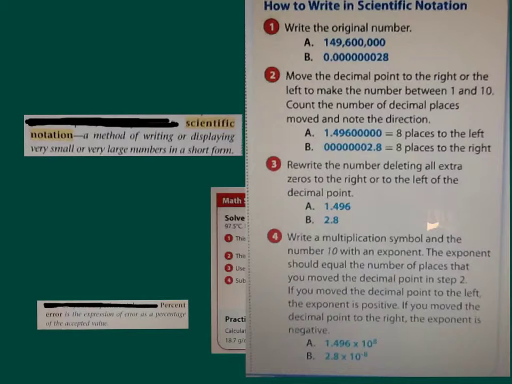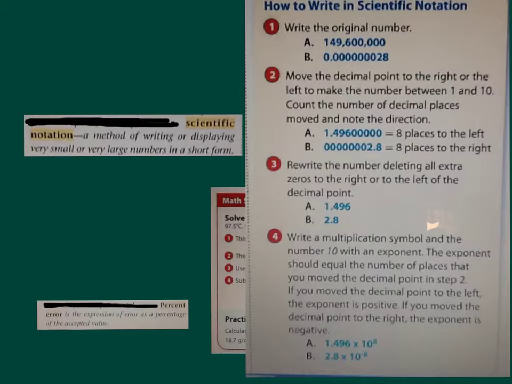Second, move the decimal point to the right or to the left to make the number between 1 and 10. Count the number of decimal places moved and note the direction. So we're going to try this one right here. We moved the decimal place from down here to over here in A, and we moved it 8 places to the left.